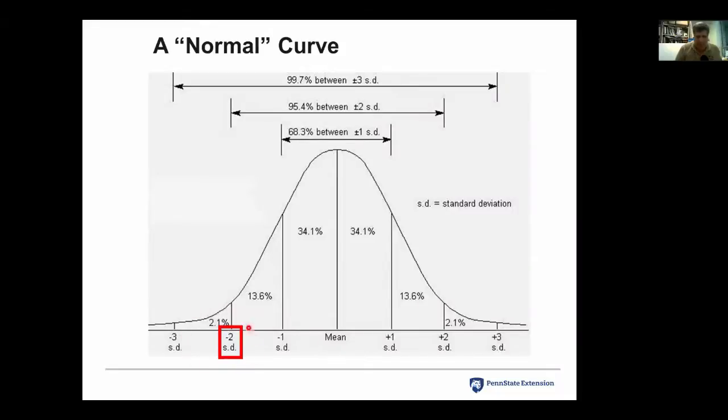And this could be the same with laying hens too. Where we would have an average production level here, and maybe number of eggs per bird, and you'll have some birds that will lay more eggs than the average, and some birds that will lay less than the average.